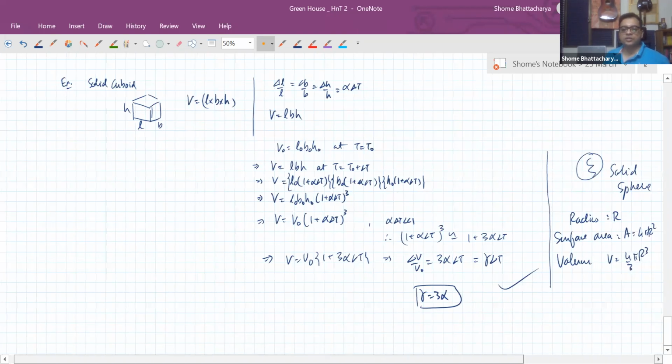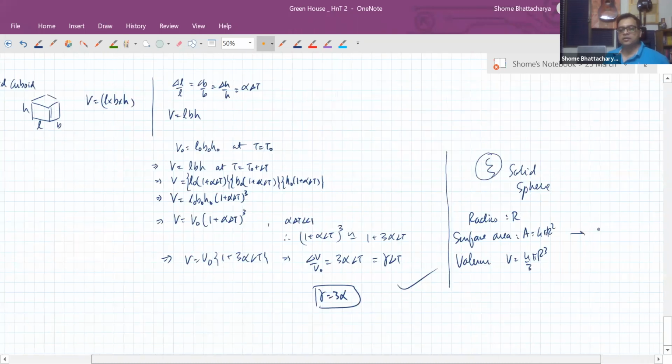So from this relation, you can easily understand that delta A by A will be 2 times delta R by R. And from this relation, you can understand that delta V by V will be 3 times delta R by R. Okay. So if delta R by R is alpha delta T, because R is a linear parameter, it's a linear dimension.